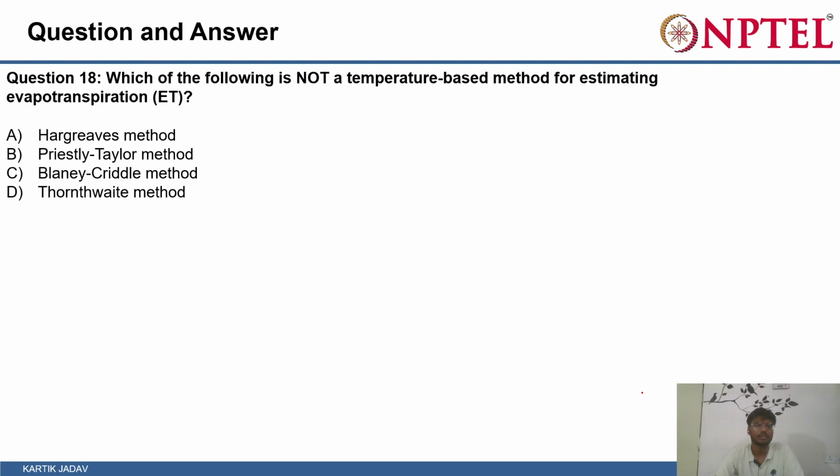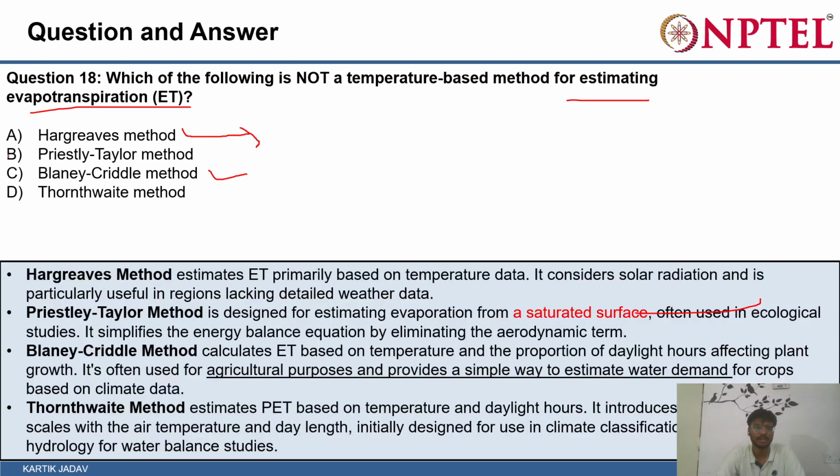Next question, question number 18. Which of the following is not a temperature based method for estimating evapotranspiration? We know that the Hargreaves method uses temperature. Blaney-Criddle again uses temperature and bright sunshine hours, and Thornthwaite also uses temperature, while the Priestley-Taylor method is not generally using temperature as a primary factor; it uses radiation based factors.